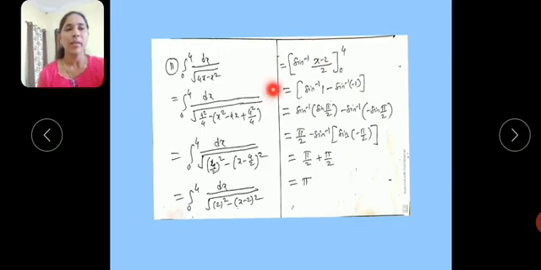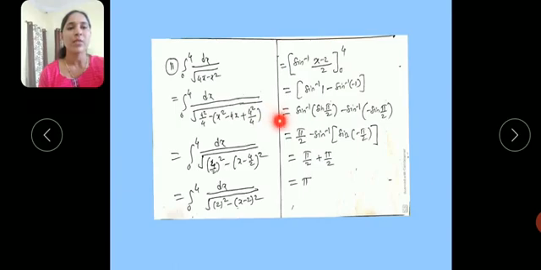Here the upper limit is 4 and the lower limit is 0. Taking the value of x as first 4, sin inverse of 4 minus 2 divided by 2. 4 minus 2 is 2, 2 by 2 is 1, means sin inverse 1, minus sin inverse of 0 minus 2 divided by 2. 0 minus 2 means minus 2, divided by 2 is minus 1.